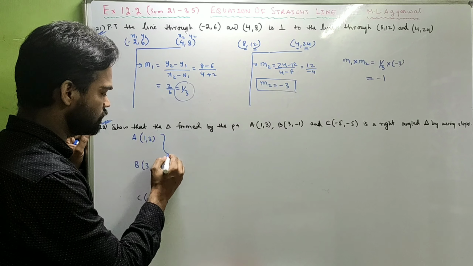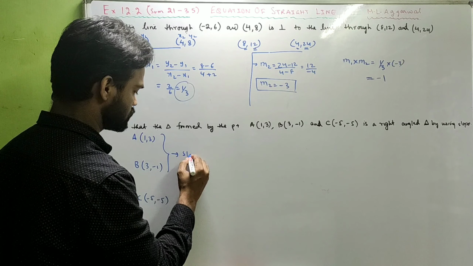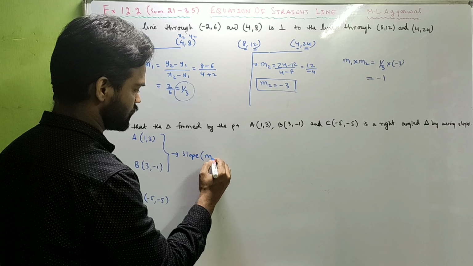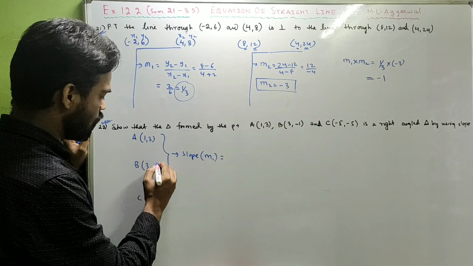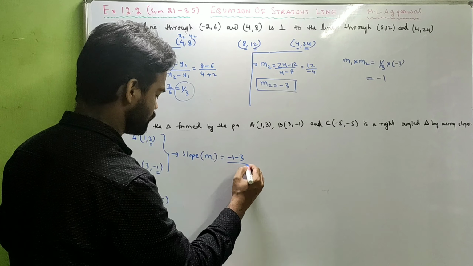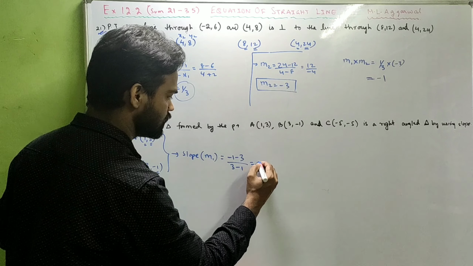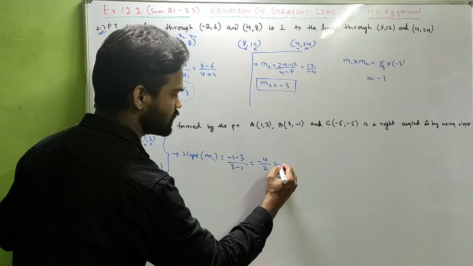First, find the slope of the line segment AB. Slope, suppose M1, is y2 minus y1, that's minus 1 minus 3, and x2 minus x1, that's 3 minus 1, that's minus 4 by 2, that's minus 2.